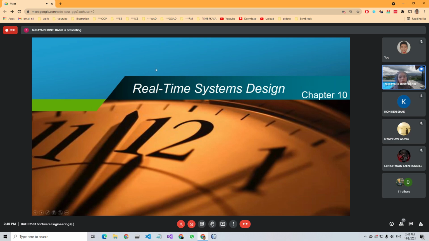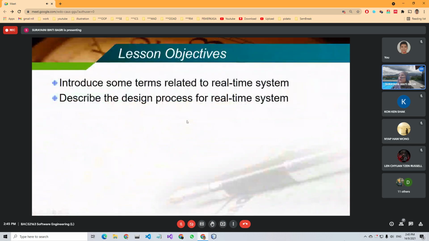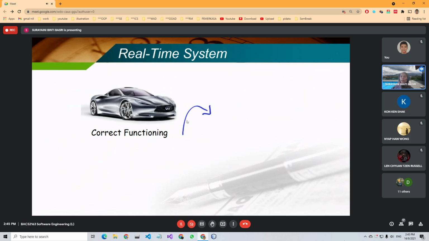So this is the 4th topic or chapter under the design stages in the software development lifecycle. The objective for this chapter is to introduce some terms related to real-time systems, and to describe the design process for real-time systems.